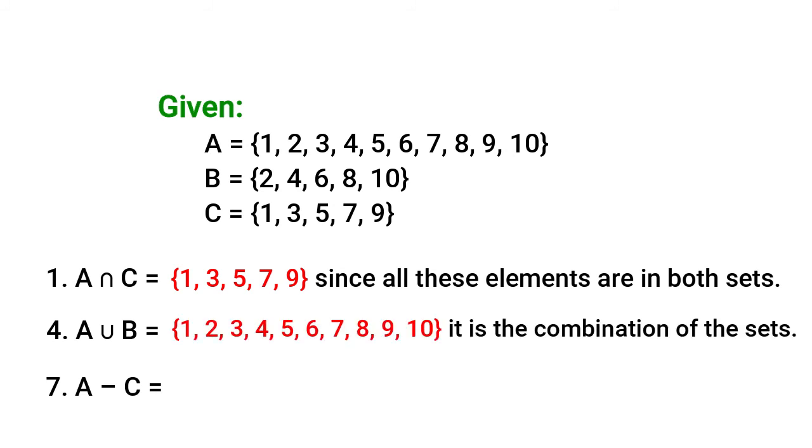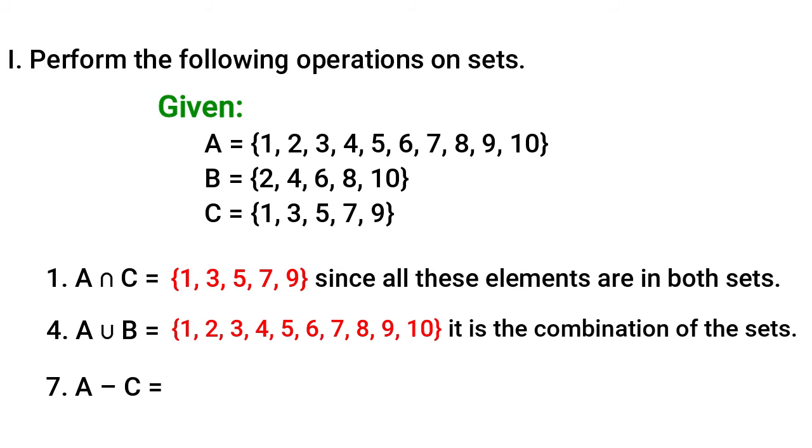Number 4, B union C is equal to {1, 2, 3, 4, 5, 6, 7, 8, 9, 10}.